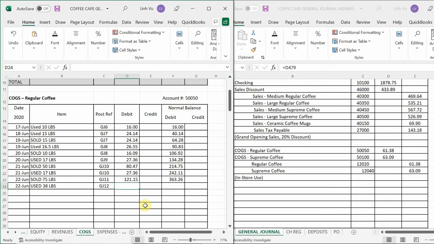For 61.38. So in this case, what's my ending balance in my cost of goods sold? $424.64.